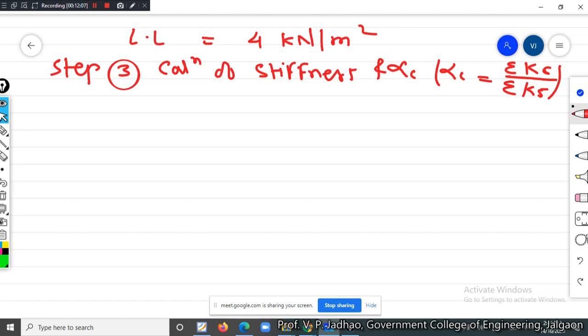Now let us consider the longer direction.